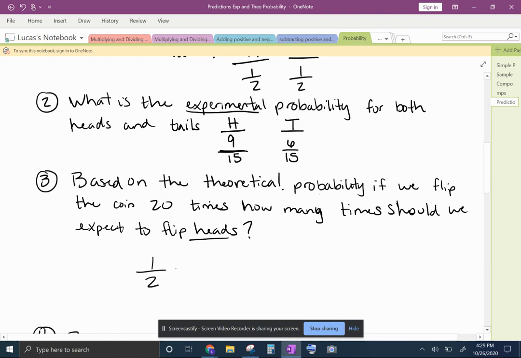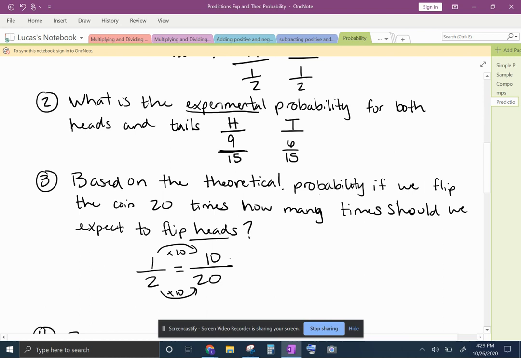And so that means 1 out of every 2 times that we flip the coin should be a heads. And if we extend that 20 times, we're expanding it 10 times, then we should expect to flip a heads 10 times out of 20, half the time.